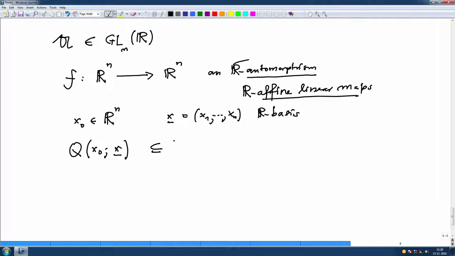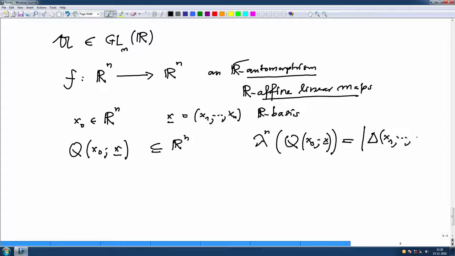This is a parallelotope in Rn, and we have seen the volume of this parallelotope, lambda n of Q(x naught, x), is nothing but the mod of the determinant of x1 to xn. And I just want to stress that in the proof of this formula, we used elementary matrices to reduce the problem to essentially n equal to 2.